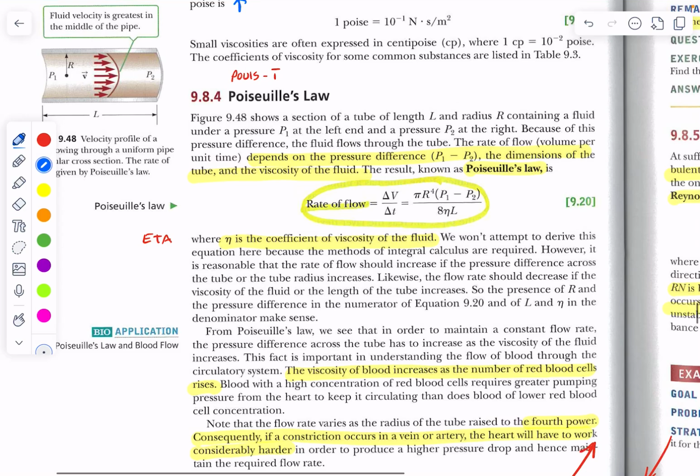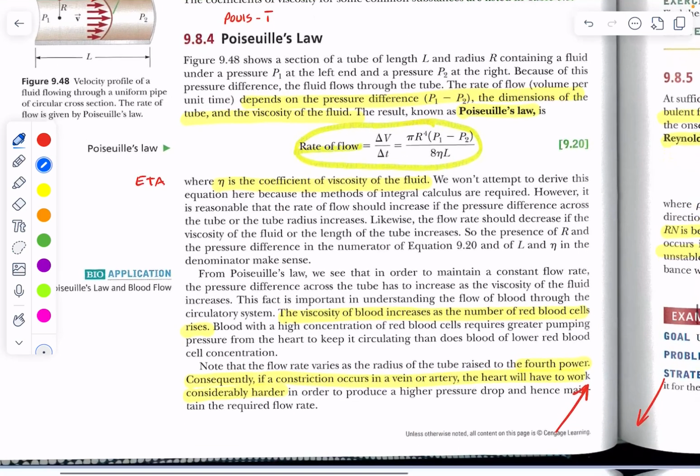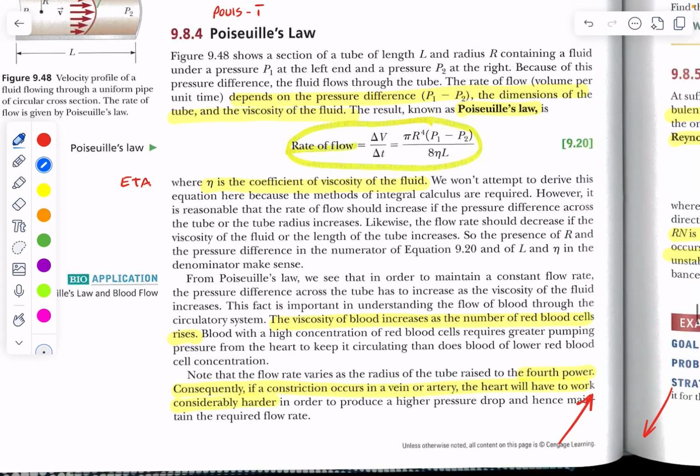And so we have Poiseuille's law, which says the rate of flow, which is defined as the change in the volume divided by the change in time, the amount of volume of your fluid going through your tube in a certain amount of time, is going to depend upon your change in pressure. Obviously, the greater the difference in pressure from one end of the tube to the other, the more volume is going to be able to be pushed through the tube.